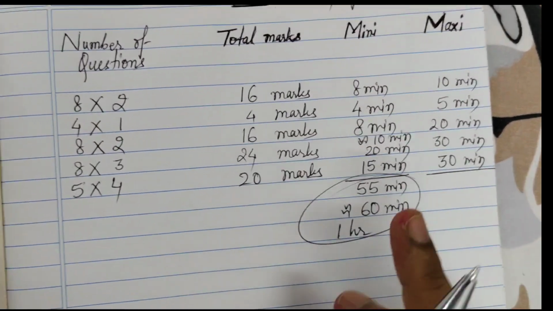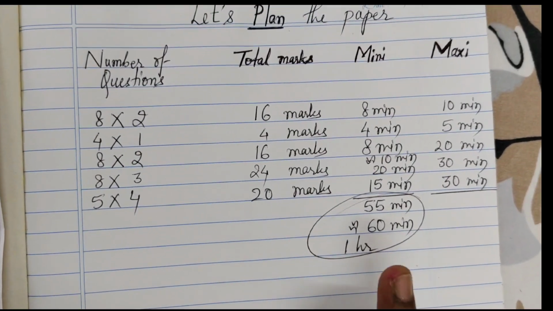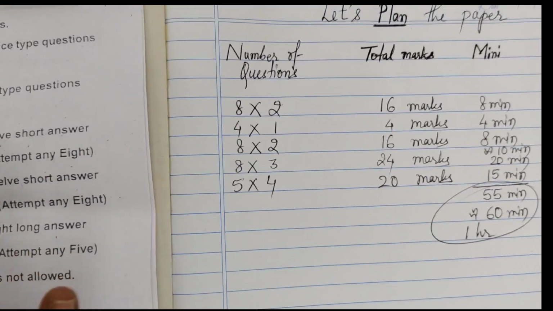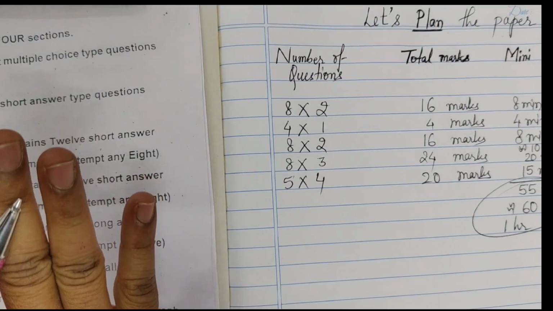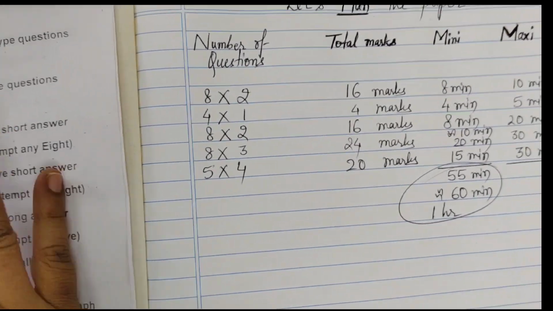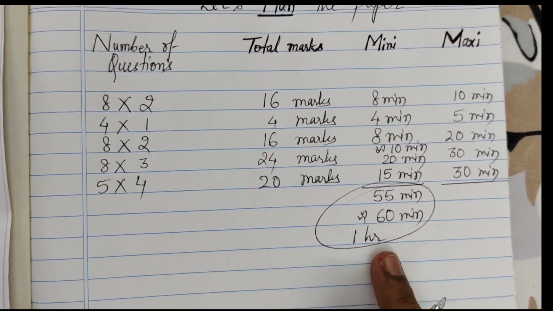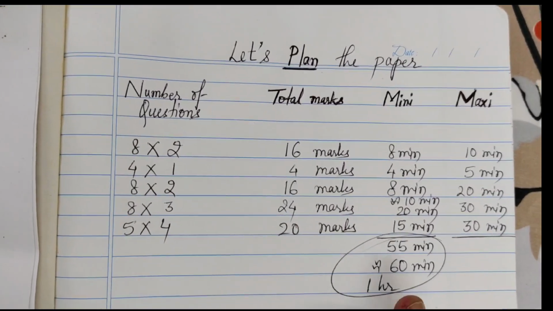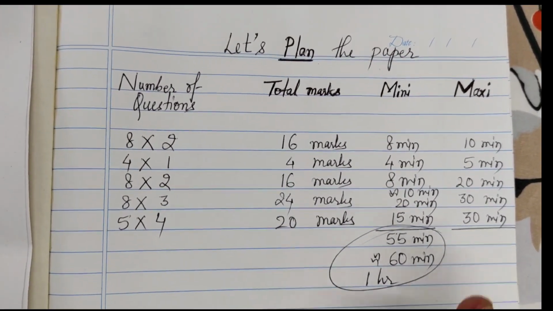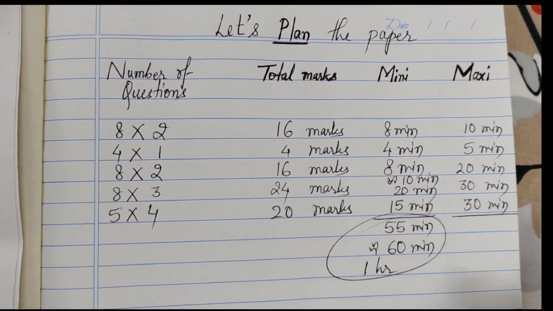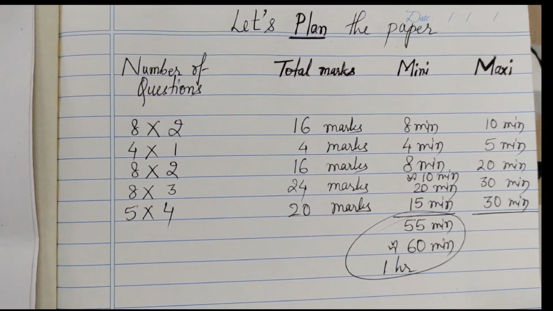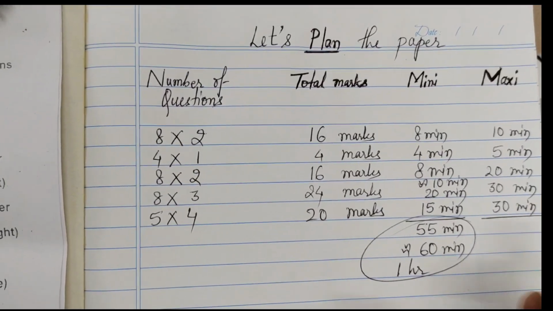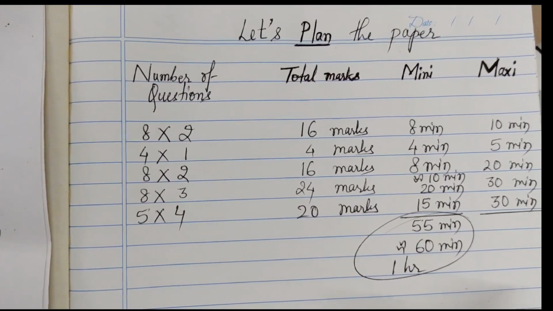So within 1 hour you can complete the paper, and this paper is actually of 80 marks, and 3 hours are allotted to you. If you cover your paper within 1 hour, 2 hours are left for you to solve those unsolved, unpracticed questions. So definitely you will be left with much more time to solve those challenging questions.